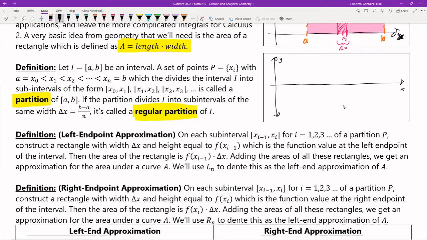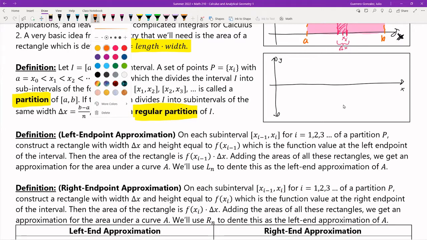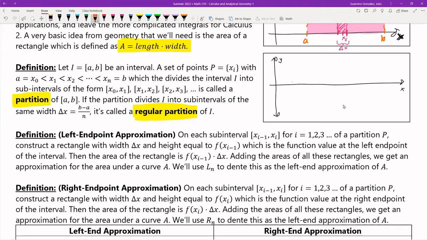Okay, so then let me go ahead and start with, so let's say this is my A, right? And this is my B, okay? And let's say I start dividing this up. This is all I'm doing.